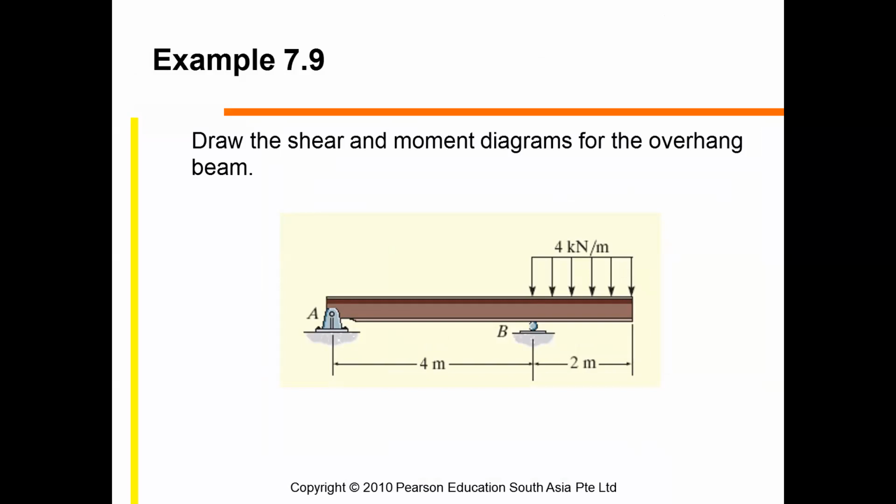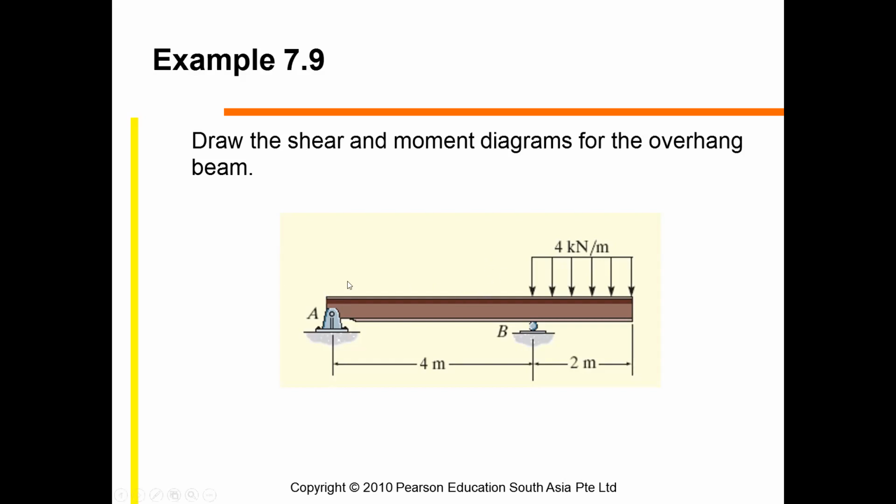But you can also convert this UDL to a point load. Anybody remember how you convert a uniform distributed load to a point load? If in this frame here I want to convert this uniform distributed load to a point load, how do you do it?